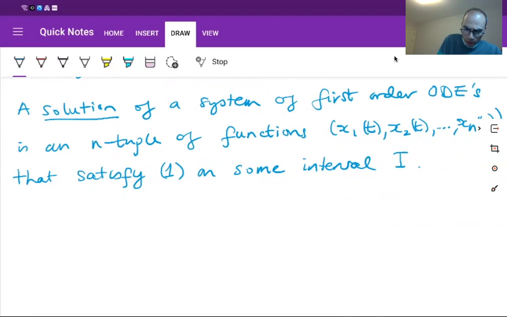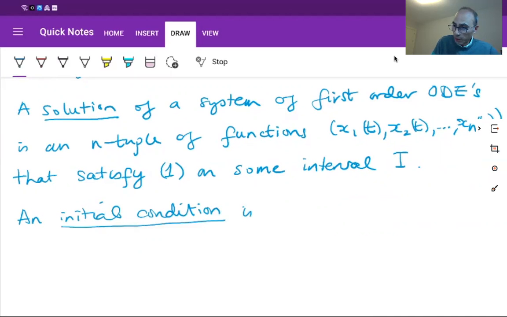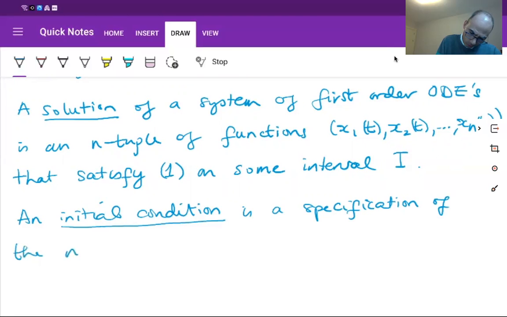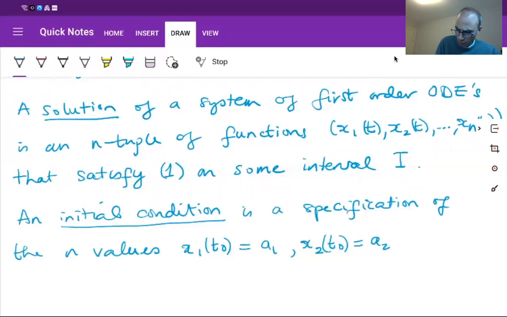So here, an initial condition is a specification of the n values x1 of t0 is equal to, say, a1, x2 of t0 is equal to a2, up to xn of t0 is equal to an.